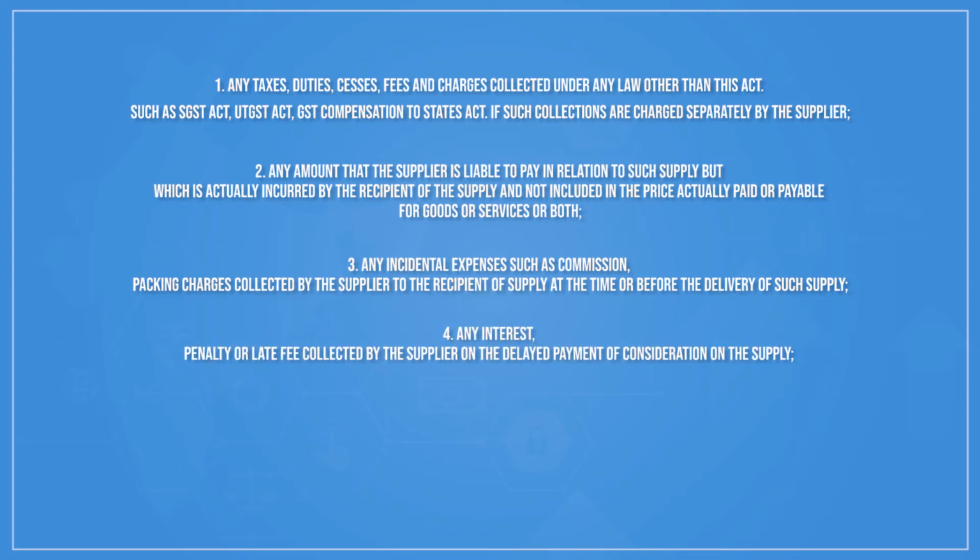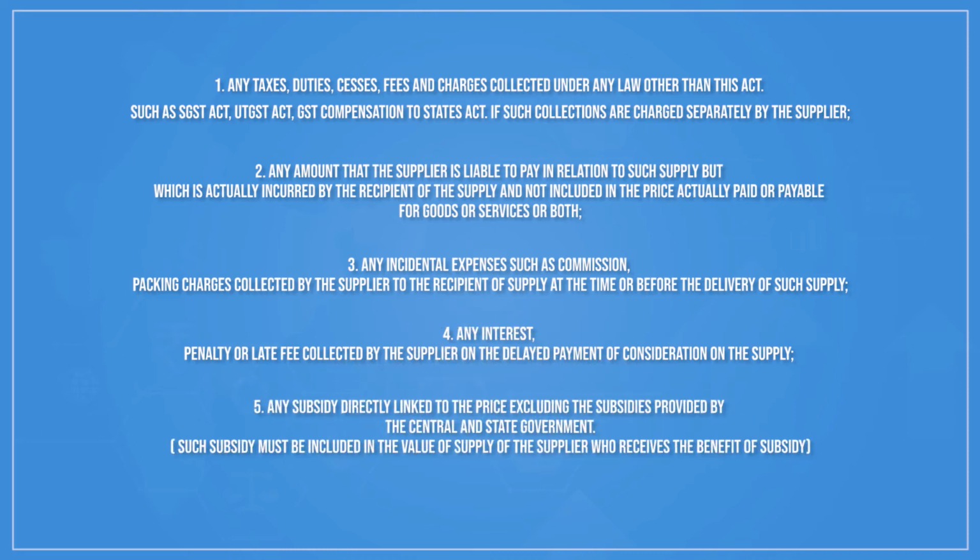Number 4, any interest, penalty or late fees collected by the supplier on the delayed payment of consideration on the supply. And number 5, any subsidy directly linked to the price, excluding the subsidies provided by the central and state government. Such subsidy must be included in the value of supply of the supplier who receives the benefit of subsidy.